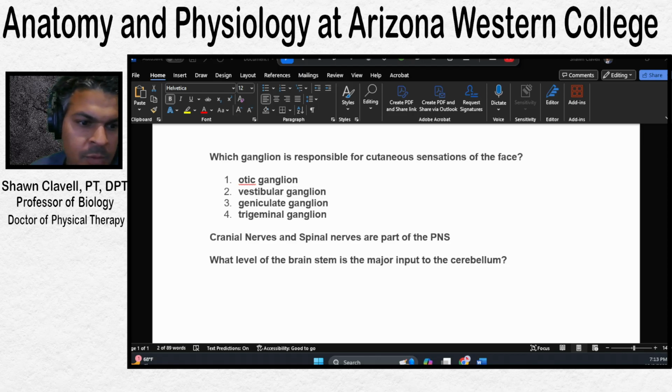Yep, definitely. Here we go. So let's try here as we look at some of those cranial nerves as they're related here. I've almost gotten the slide here as we're looking at it.